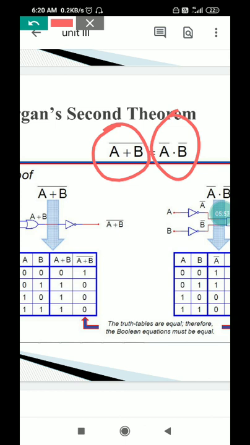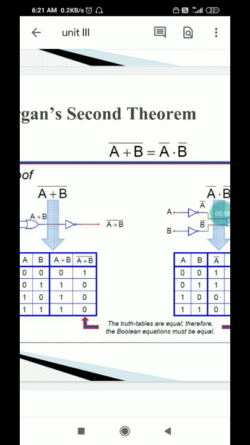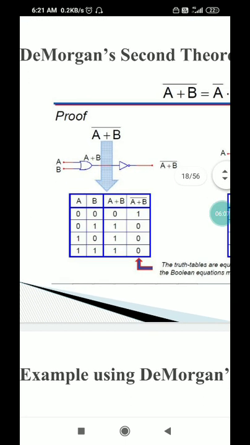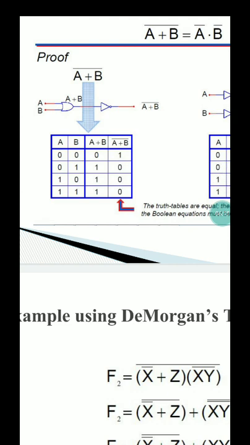So let us look at the truth tables. The truth table, this one, is for the left side of the equation, (A plus B) whole bar.